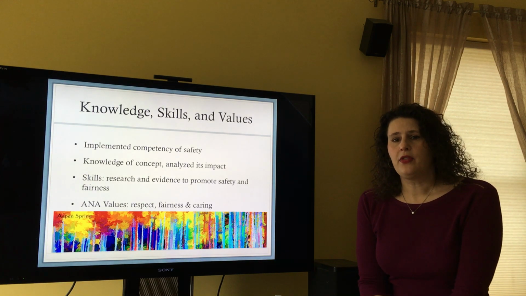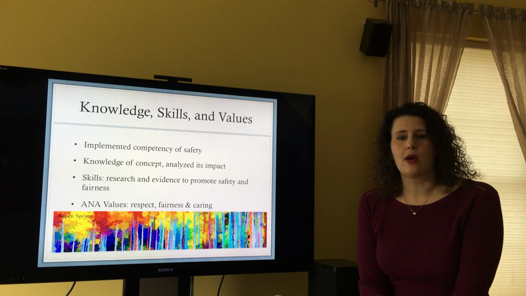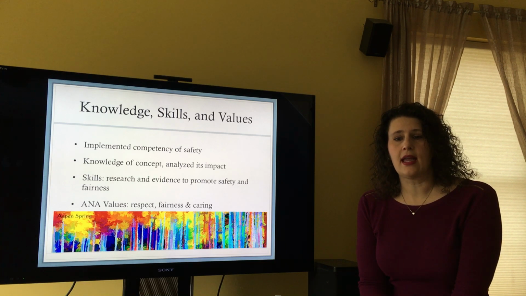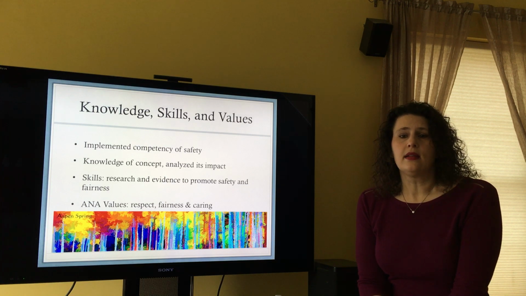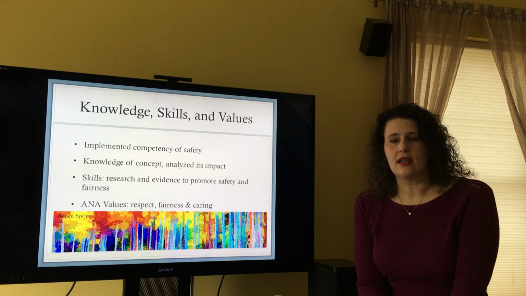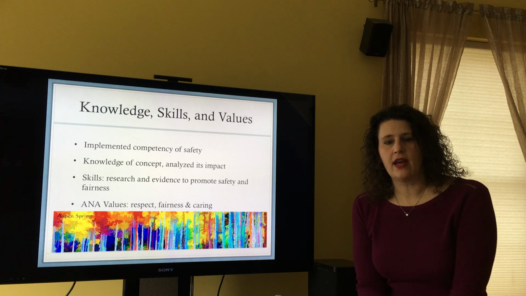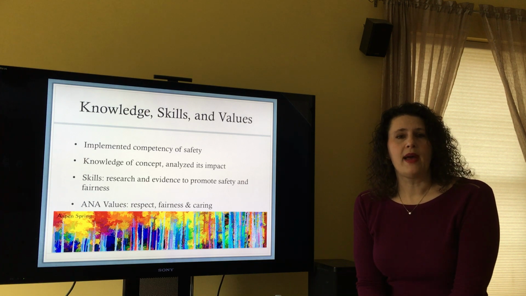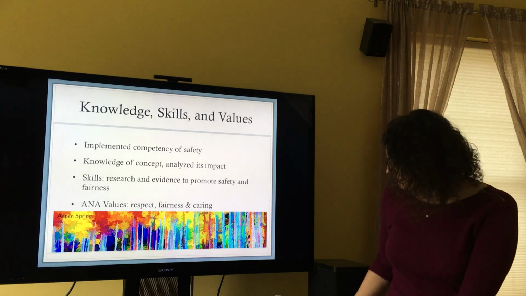After learning about the concept of implicit bias, I analyzed its effects and potential impact on a culture of patient safety and fairness, and utilized research and evidence to promote education about the topic and that culture. This is driven by the values listed in the American Nurses Association Code of Ethics for Nurses: respect, fairness, and caring to promote health.